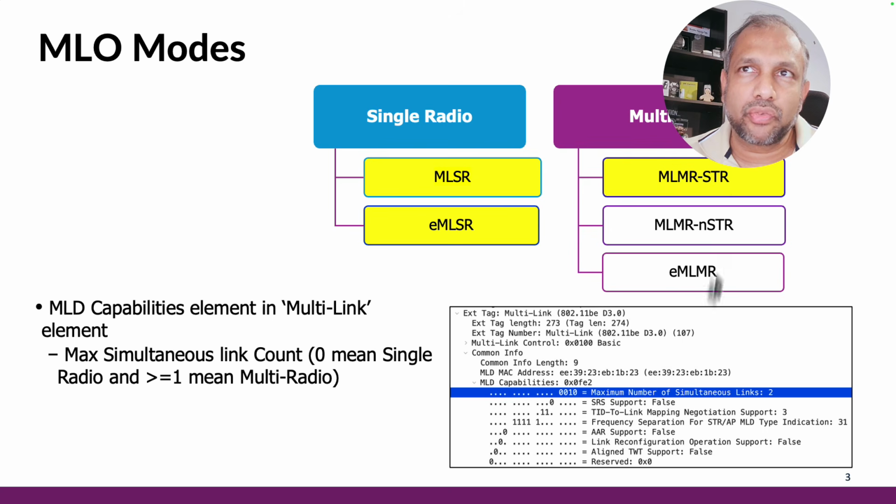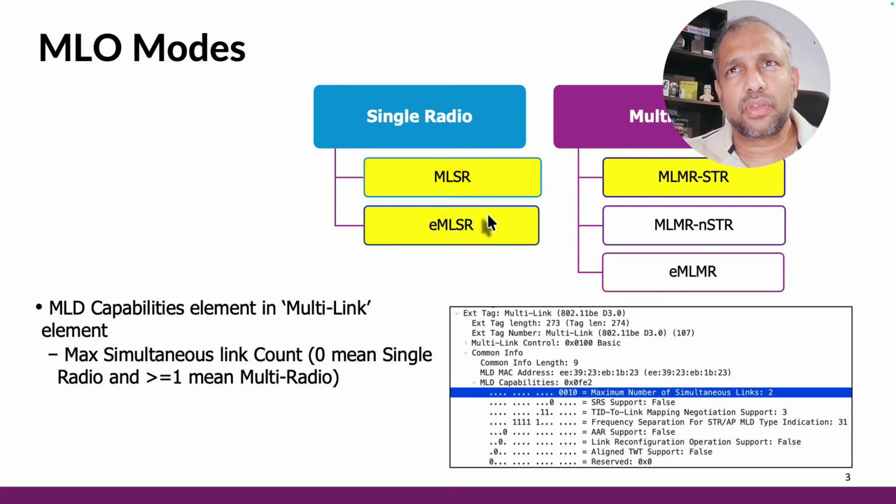Why I highlighted this in yellow: in today's context, there are no vendors supporting non-simultaneous transmit and receive, and EMLMR is also very rare. These are not part of the Wi-Fi 7 certification program, so you can safely ignore these two modes. Your client devices or AP have to fall into one of these categories.